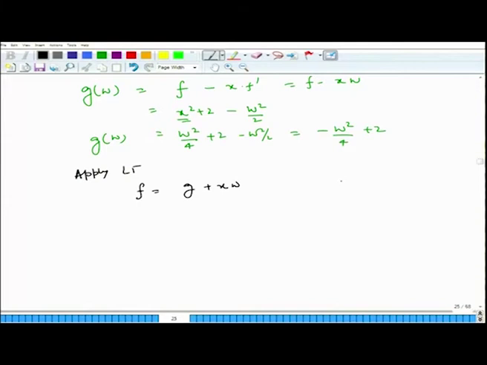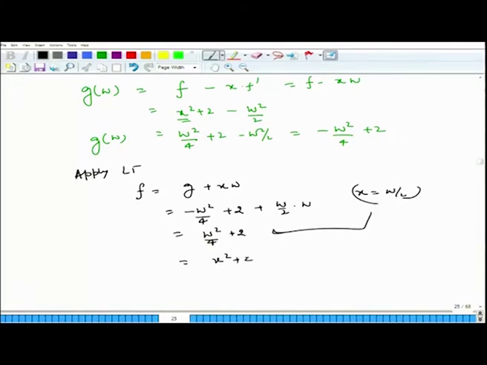So, what is g here? g is minus w square by 4 plus 2, plus x w, where x is w by 2. And thus we are going to get w square by 4 plus 2, and since w is 2x, we plug in here, and this is nothing but x square plus 2, which is the original function.